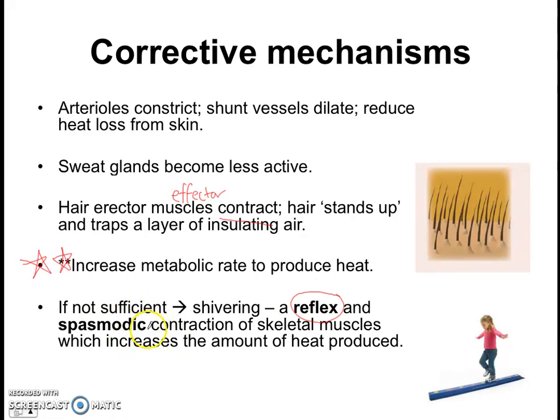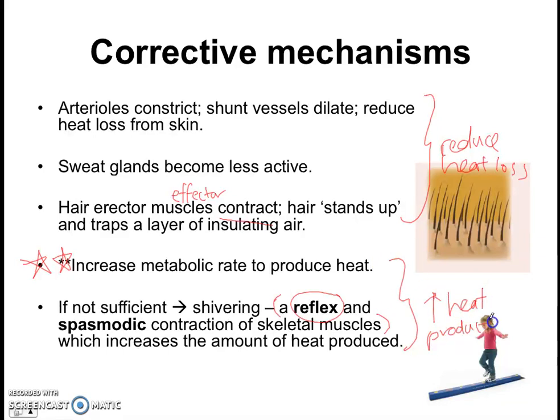So uncontrolled, spasmodic contraction of your skeletal muscles, and this increases the amount of heat produced. So in this case, we are reducing heat loss and we are increasing heat production. And that should bring your body back to the set point temperature.